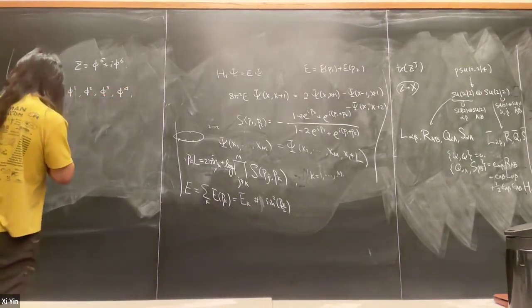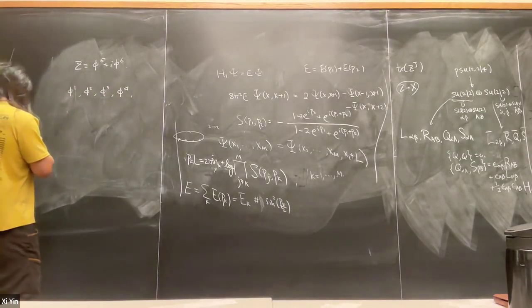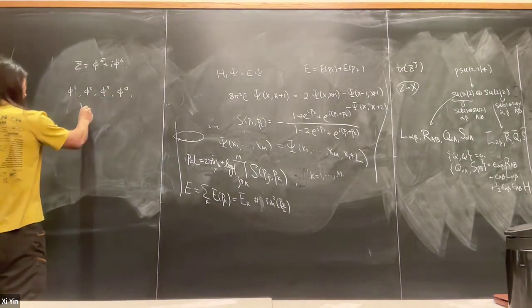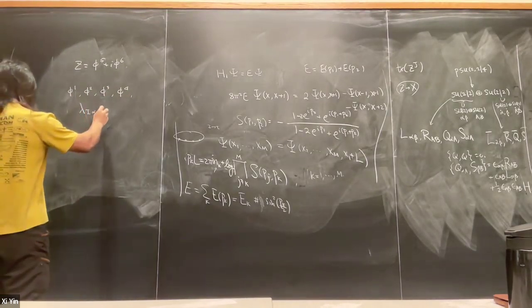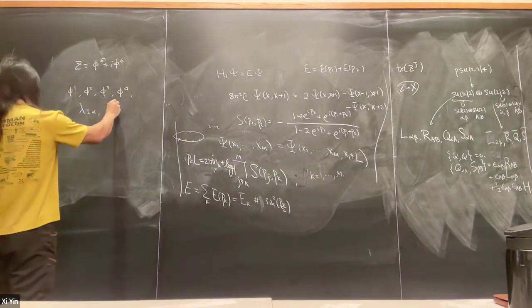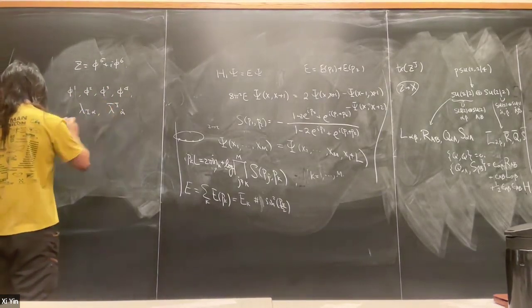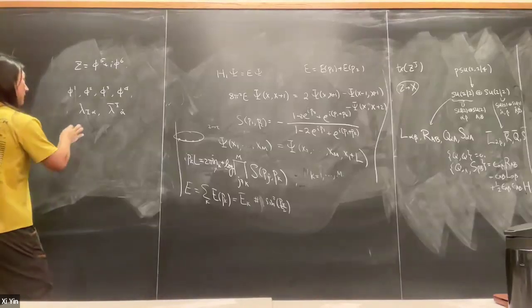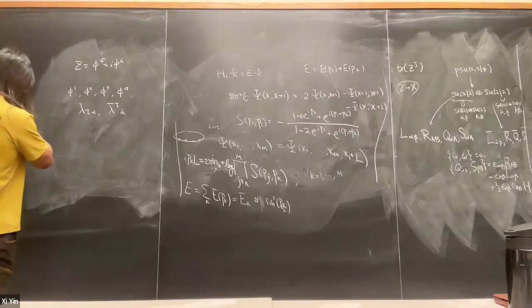And then there are some fermions, which I'll write as λ_Iα and λ_Iα dot. We have these fermions, but we're not going to look at all of them.